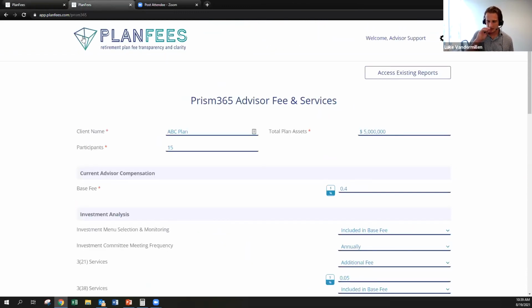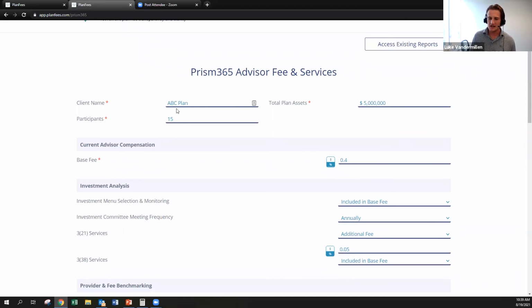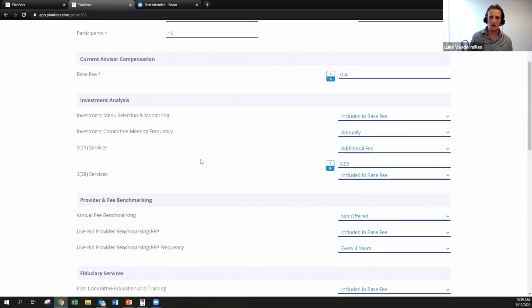And then lastly, the Prism 365 report that I mentioned earlier that benchmarks advisor fees and services and the frequency of those services. Again, really easy for an advisor to create: client name, total plan assets and participants. And then really all an advisor needs to do is input their current advisor compensation. So this advisor is receiving 40 basis points for advising on this plan.